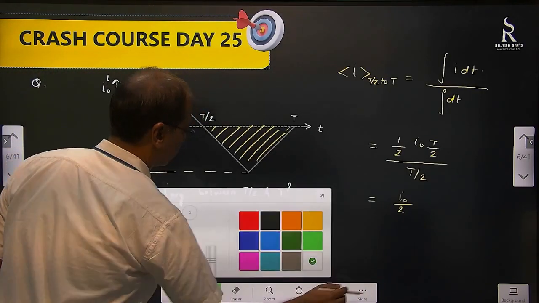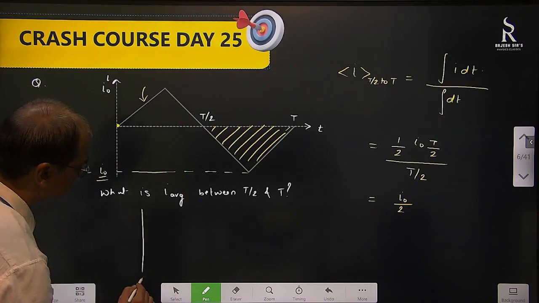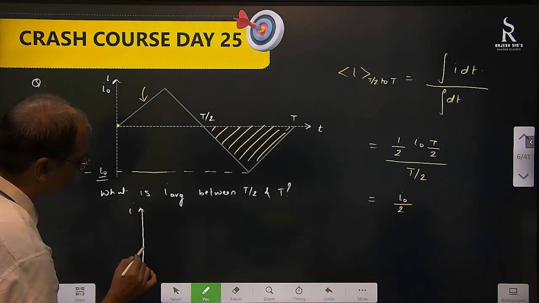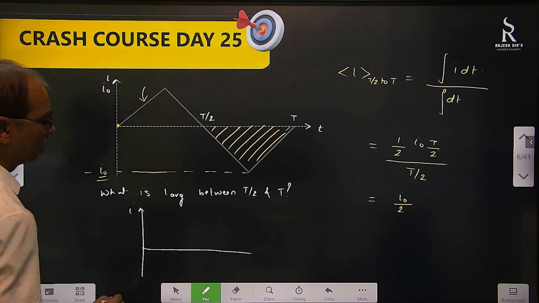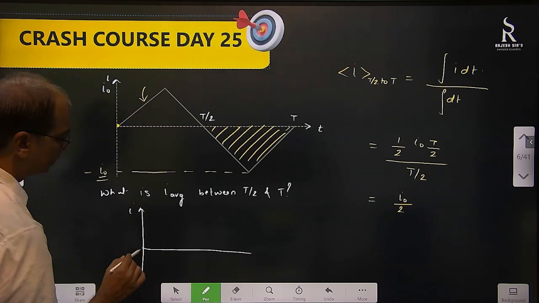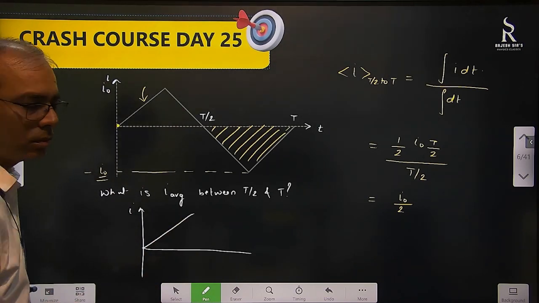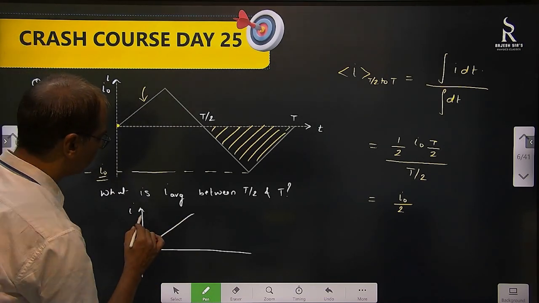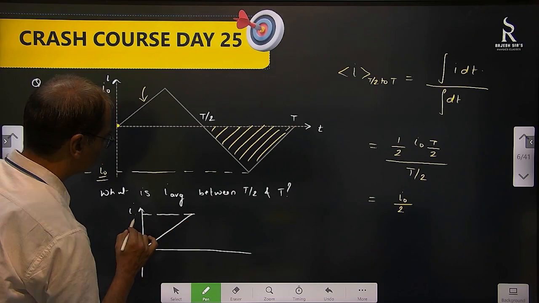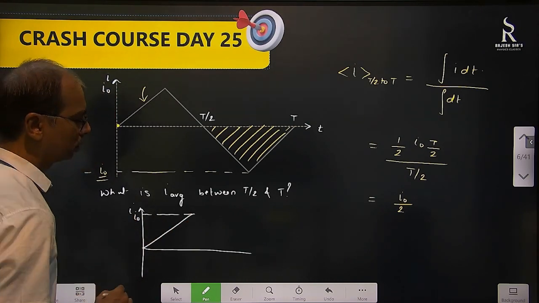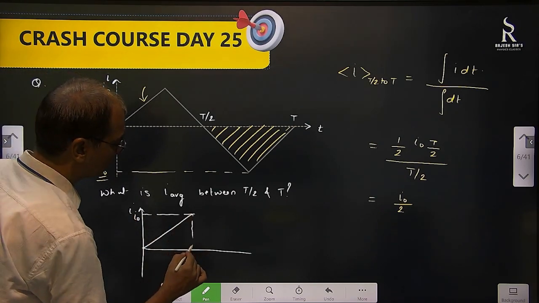So suppose that a graph is given to you. This is I, and the graph is given to you like this. Only this. So maximum value is given, I naught, and here time is given.